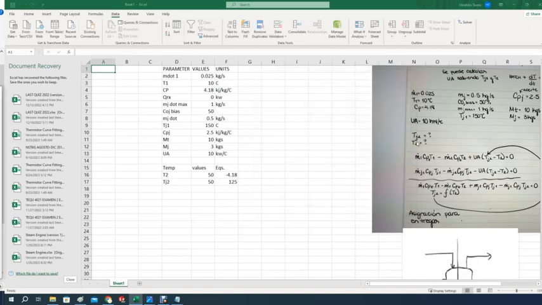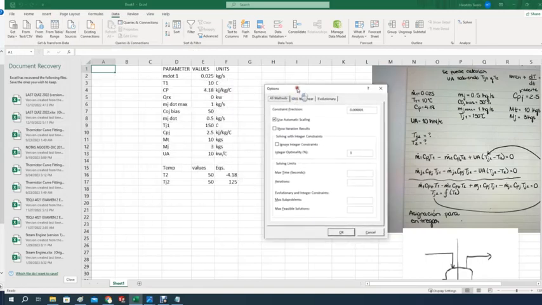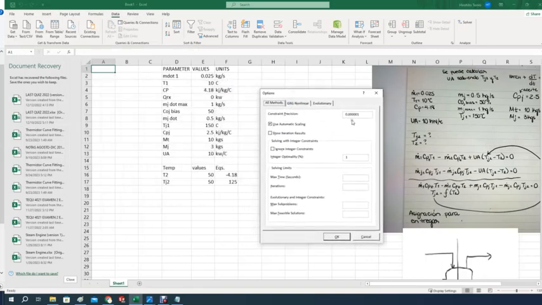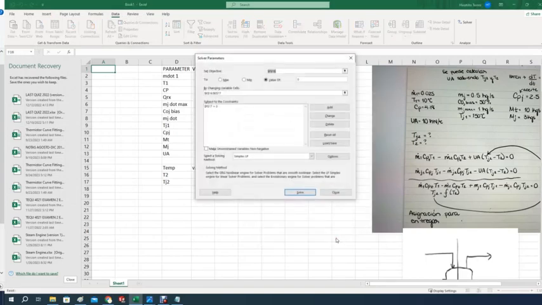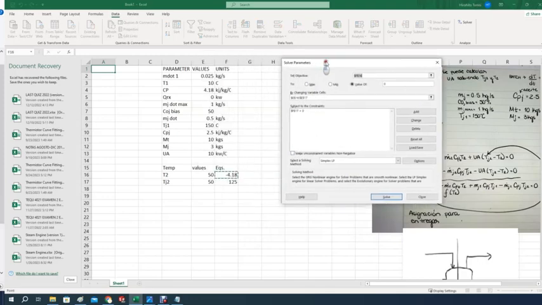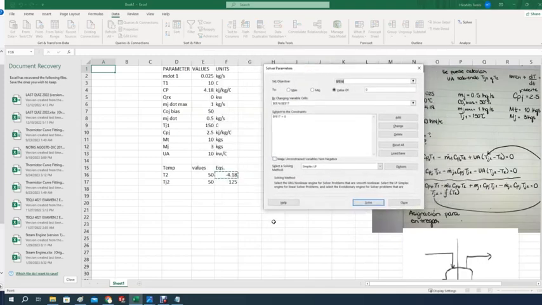How about options? In options, it's popping in a different screen here. Let me move it to where I want it right here, and the precision is 0.0001. Sounds good to me. Let's say okay, and now we are ready to rock this, and let's see what happens.